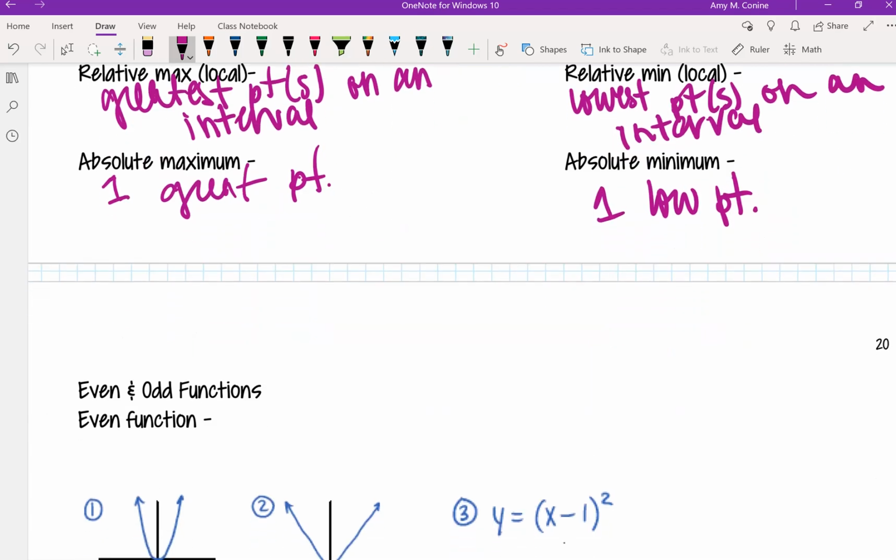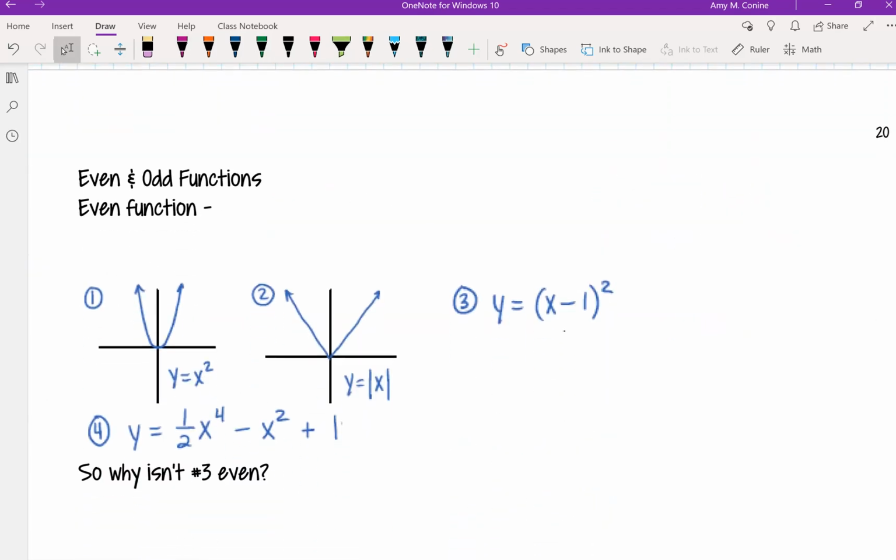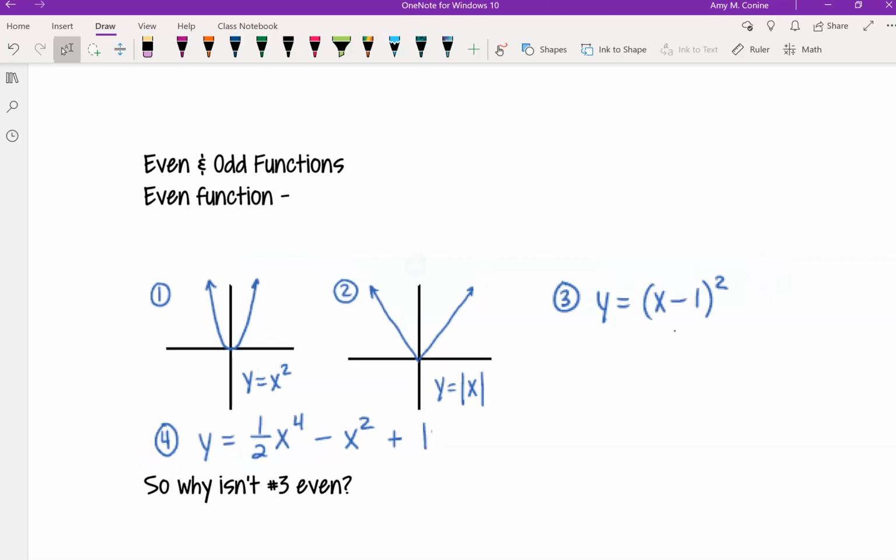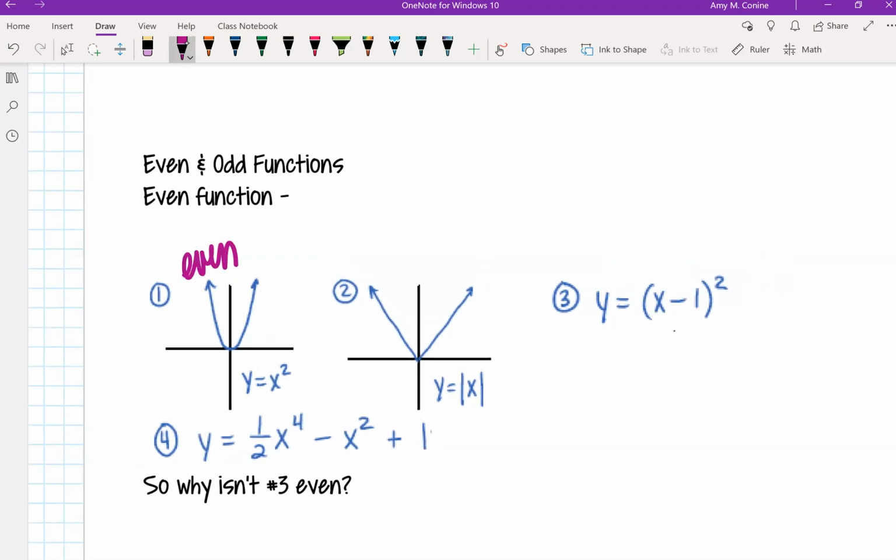So for even and odd functions, we have a few of these practice problems. So we said for even, they were symmetric about the y-axis. So basically, if you look at number 1, this one is even because if you flipped or reflected over that y-axis, you would get the same function. So y equals x squared gives us an even function because of that symmetry.